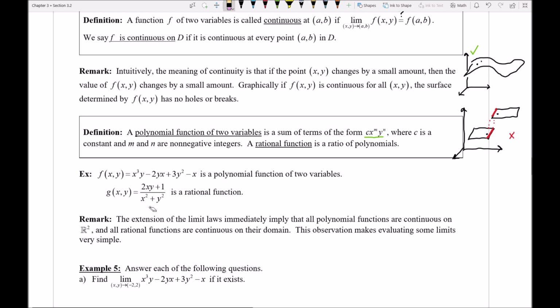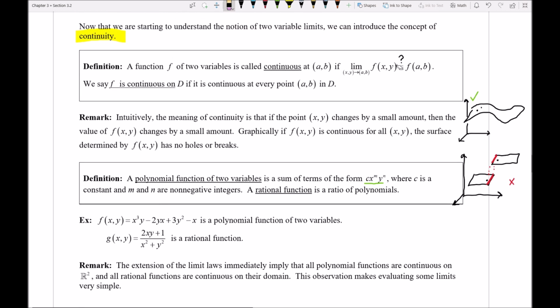What this means is that we can evaluate limits very nicely, because take a look at what the continuity definition says. If a function is known to be continuous, then the limit is equal to f of a, b. So if there was no question mark here, and I knew a function was continuous, say this function right here, and you asked what's the limit as you approach 1, 2, then you would say, that's awesome.